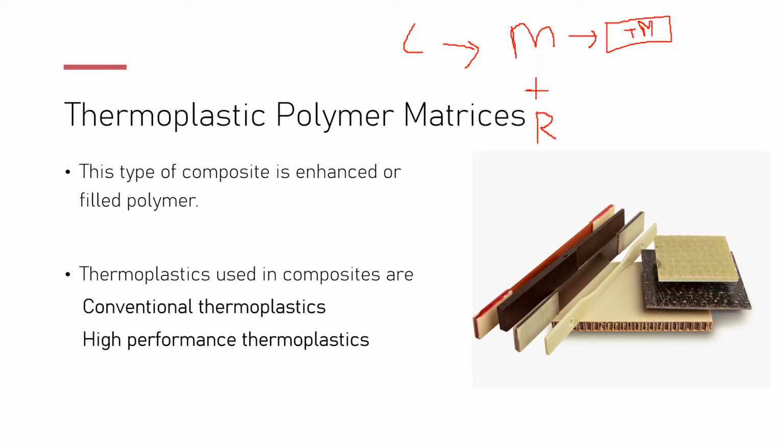Thermoplastic matrix, TPM, we have two. One is a conventional thermoplastic, and the other one is better than the conventional, so therefore high temperature or high performance. So high performance ones can stand really elevated temperatures because they're pretty good plastic types.